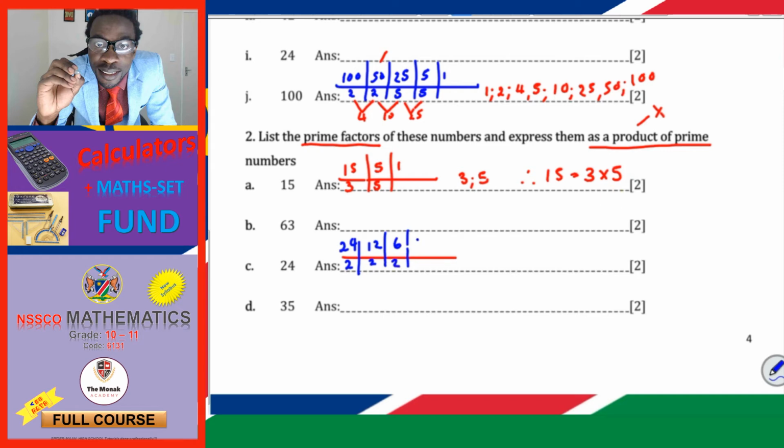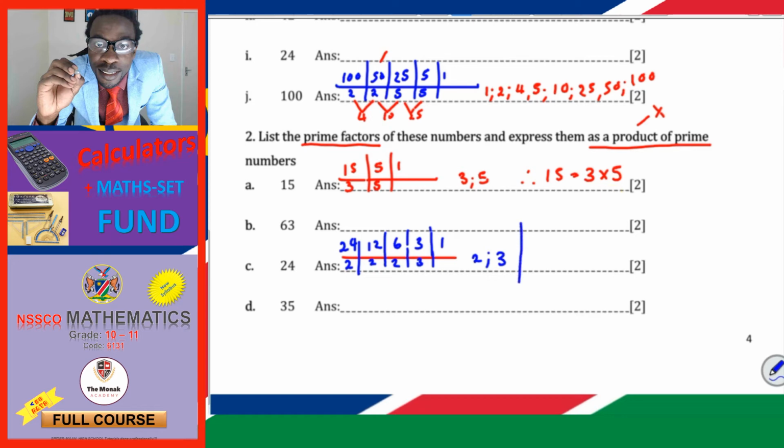We try 2 again, we get 3. Now we try 3, we get 1. So the prime factors of 24 are 2 and 3. Only the prime factors.